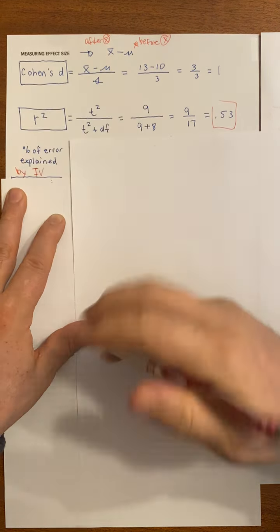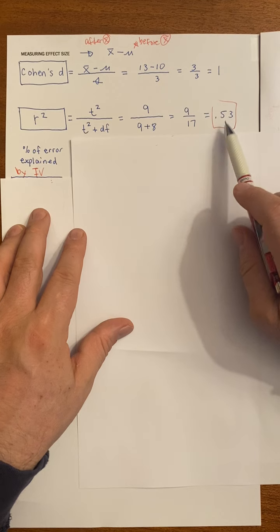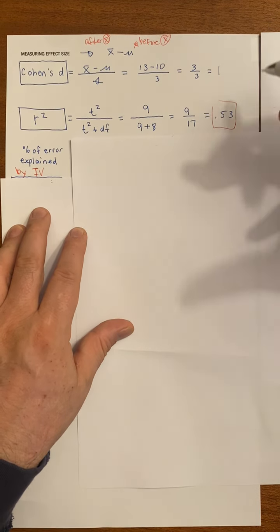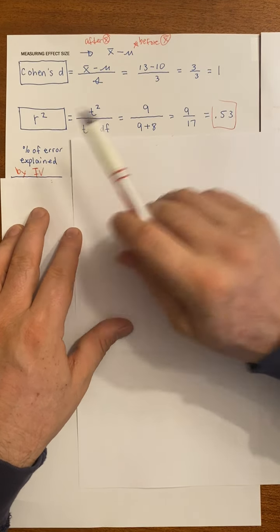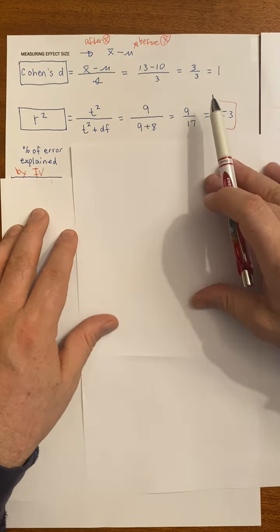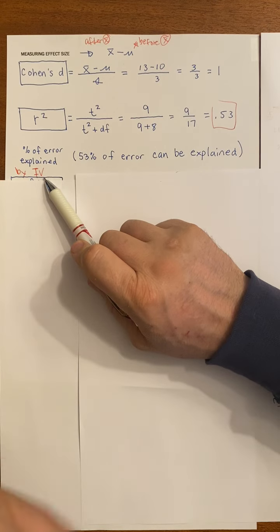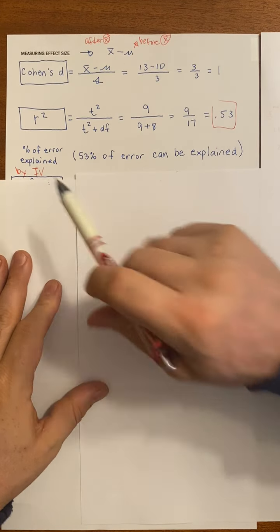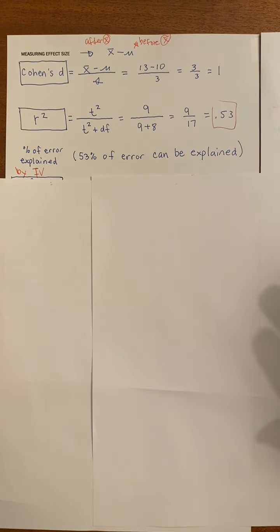What we mean by this is the percent of the difference that we can say is due to what you did to your participants. Here we're saying that 53% of that error is due to the intervention, or can be explained by saying the intervention caused that to happen, the medication that we gave the participants.